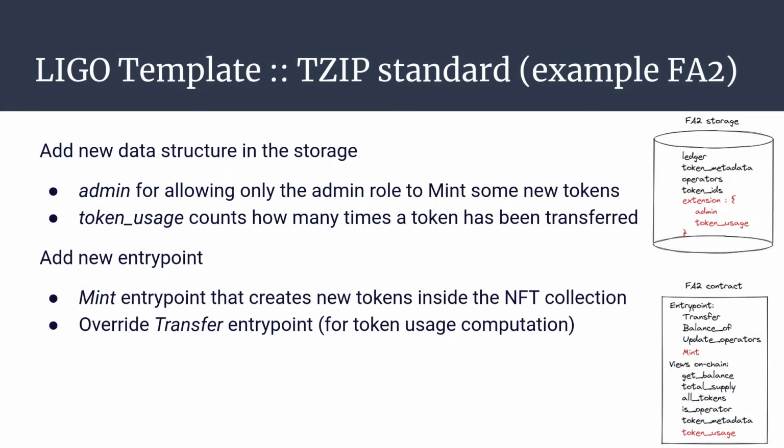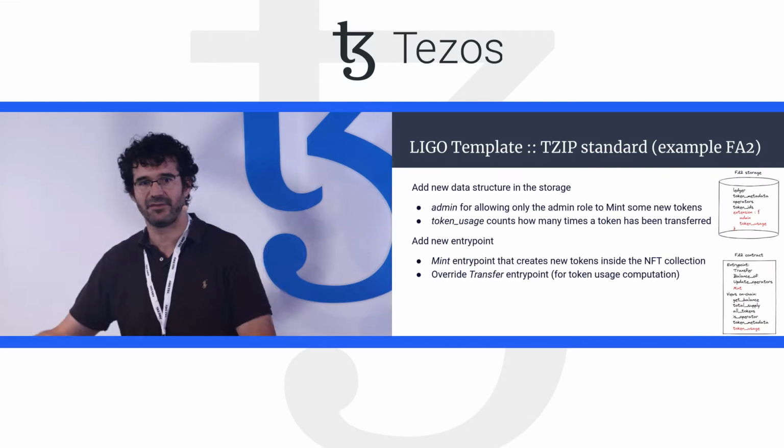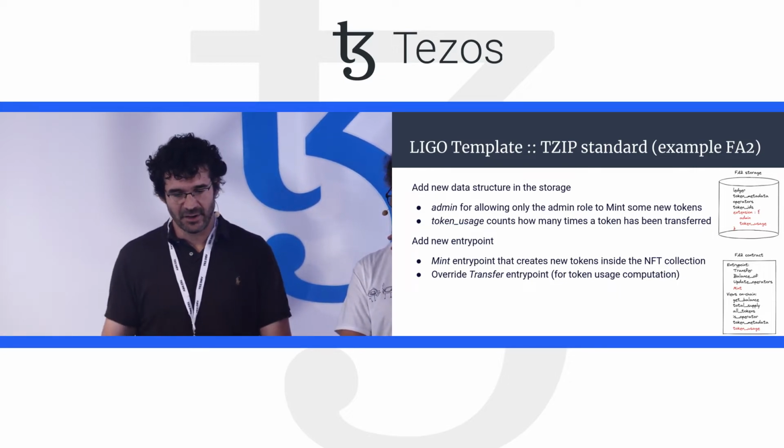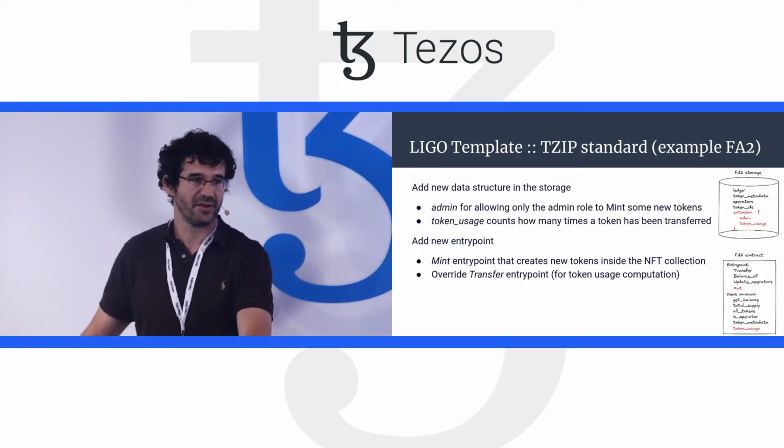If I want to count every time a token is being used, I will override the transfer entry point, the transfer function of the FA2 standard, to customize it and count the number of transfers that have been done. Or you can also add new entry points like the mint and burn entry points.